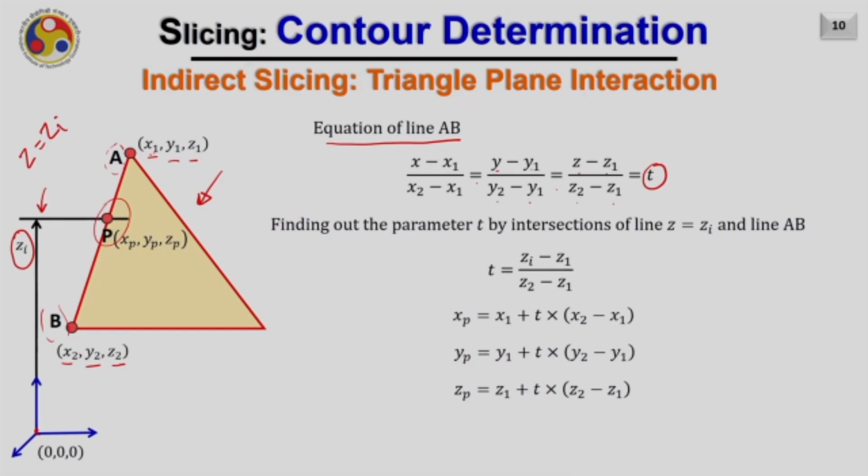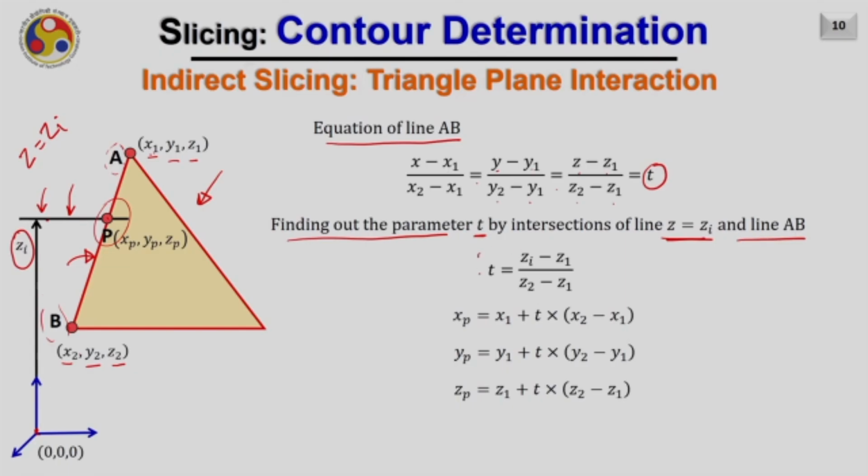Now we have to find the parameter t in such a way that we will be able to obtain the point P, and we know that this point P is common to this particular line and this particular line. Hence, let us put z equals zi, that is the equation of this line, the black line, into the equation of line AB.